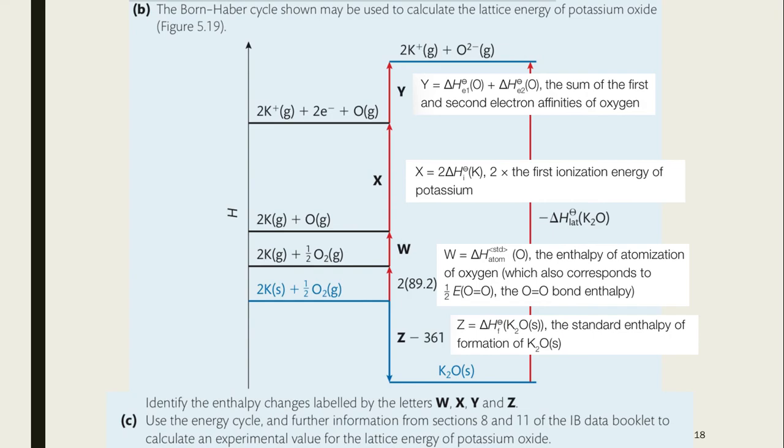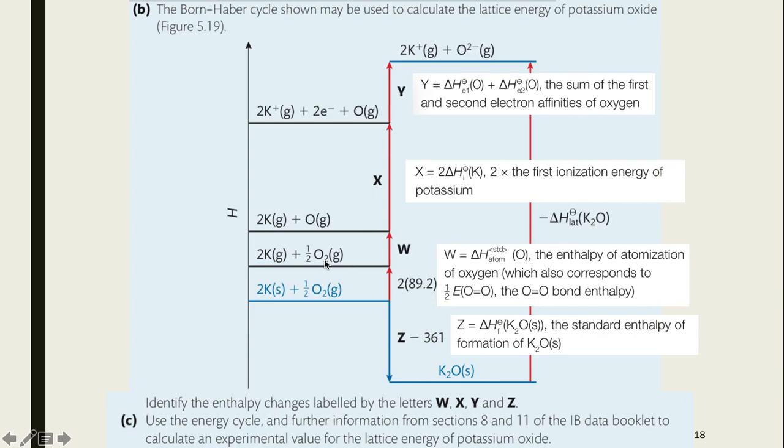So once we have done all of that, we now have all of the information that we need to do letter C, which is to use the energy cycle and further information from sections 8 and 11 of the IB data booklet to calculate an experimental value for the lattice energy of potassium oxide. So we can see from the cycle that the enthalpy of atomization for potassium is already given. That is 89.2. There's 2 potassium atoms involved, so we're going to multiply that value by 2. Okay.